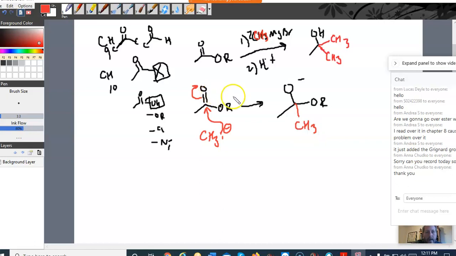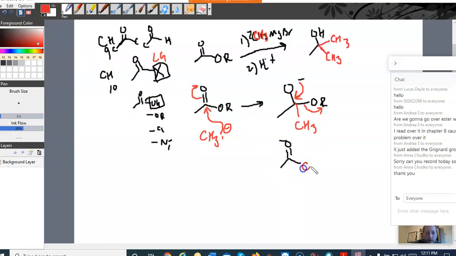And then the electrons from the negative charge pop back down and kick out the R group, because this is acting as a leaving group, which we'll learn in chapter 10. So that OR group completely leaves, and you now form this ketone molecule with one of the methyl groups there.